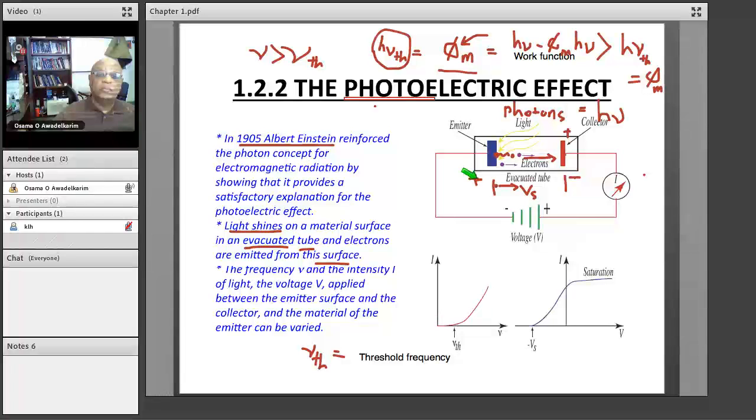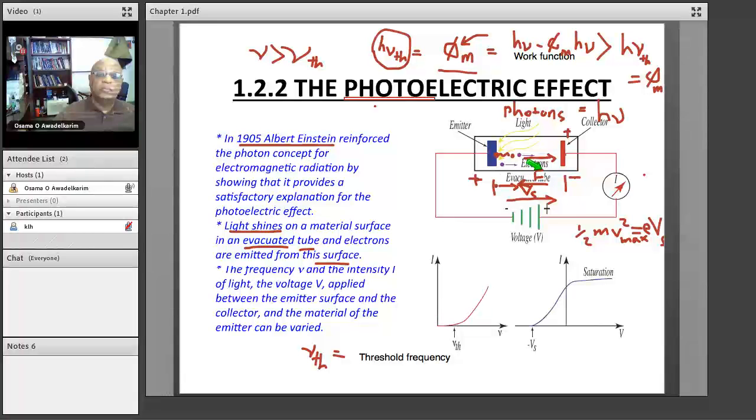We call it the stopping voltage, such that half m v max squared, okay, so that's the maximum kinetic energy, is exactly equal to the opposing energy from the stopping electric field. Because the electric field is in this direction, it will apply a force on the electron in this direction, and it will try to stop the electron.